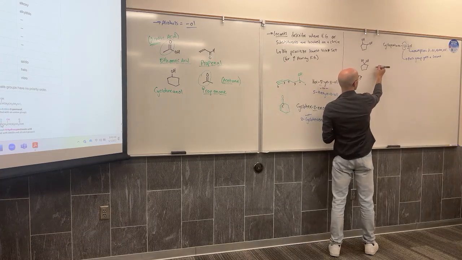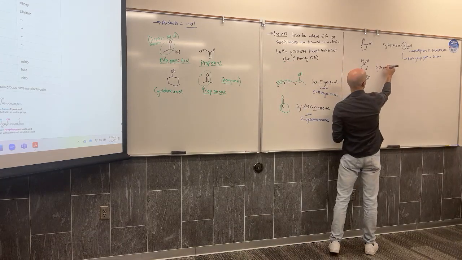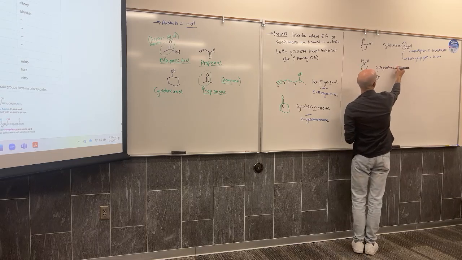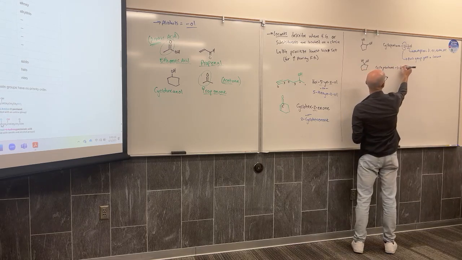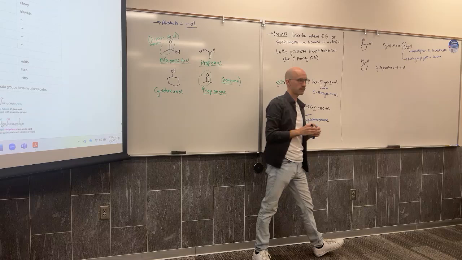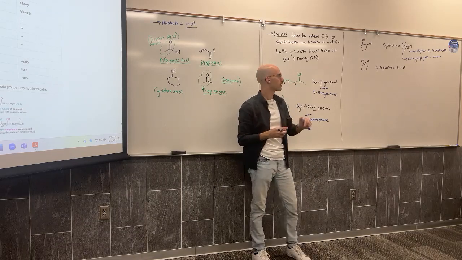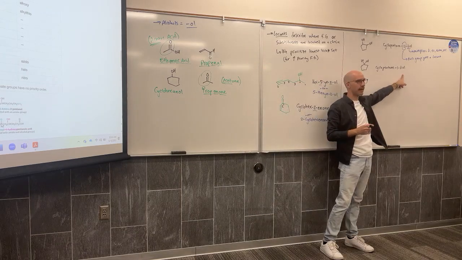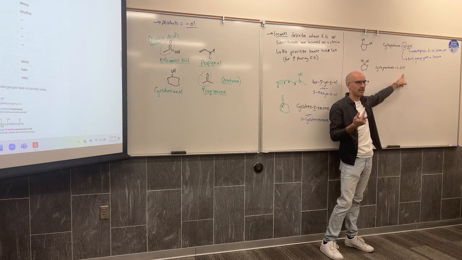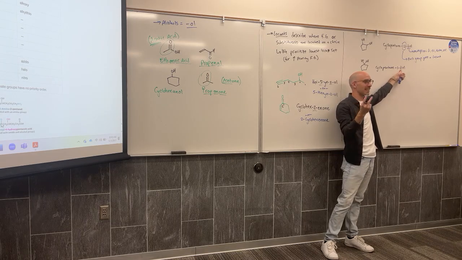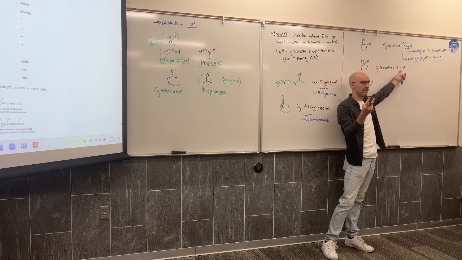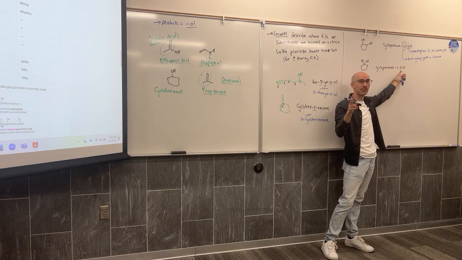So people will take this compound, cyclopentane, and they'll name it as 1-diol. Cyclopentane 1-diol is not correct. You've only listed 1 locant, but you're saying that there are 2 groups. Diol, 2 alcohols, needs to have 2 locants.